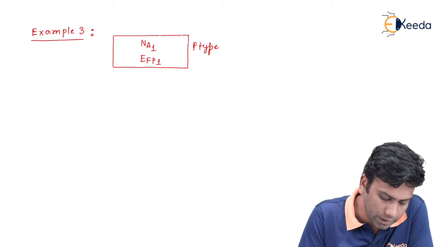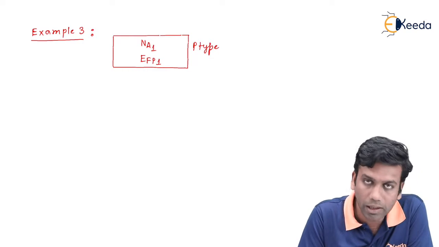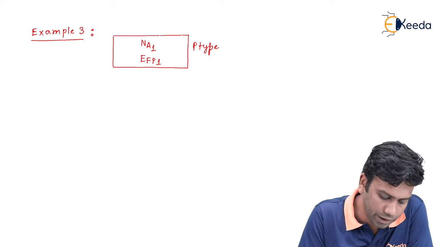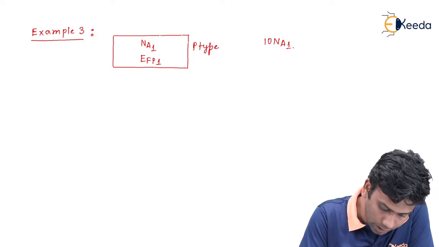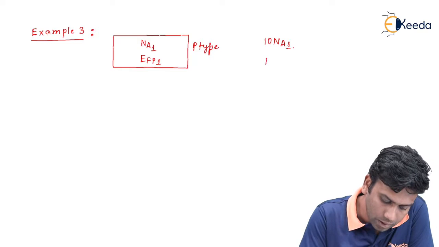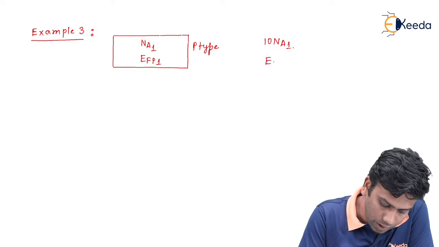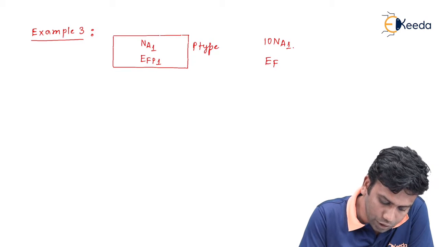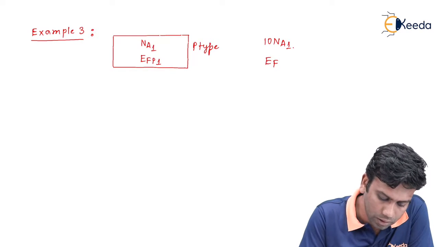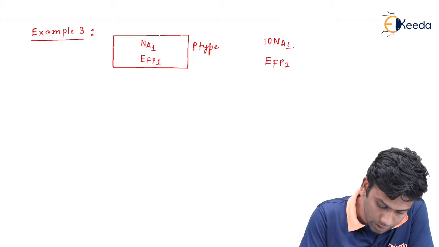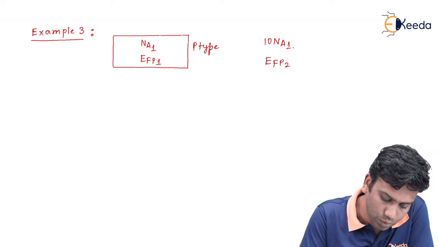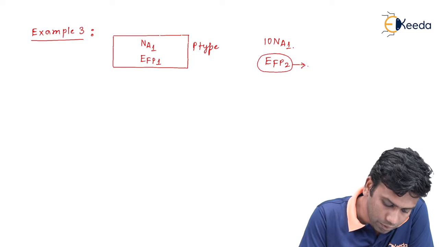Now this acceptor concentration Na1 has been increased to 10 Na1. Now if the Fermi level position for this 10 Na1 acceptor concentration is EFP2, let us find what will be the value of this EFP2.